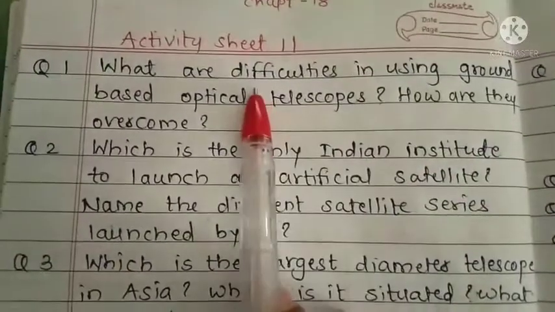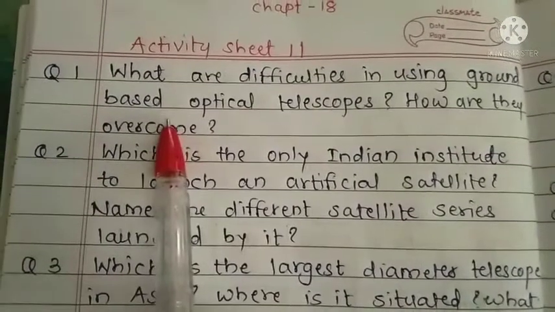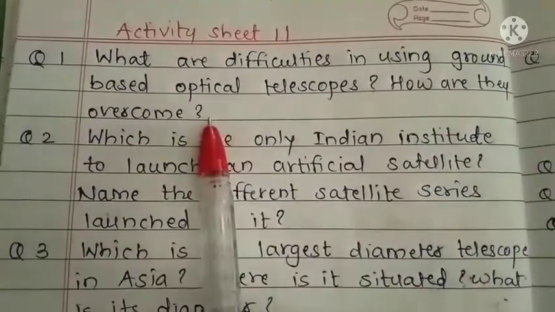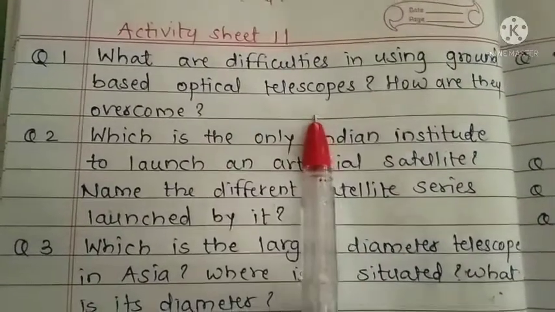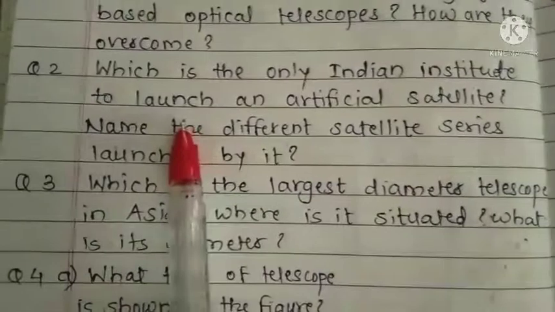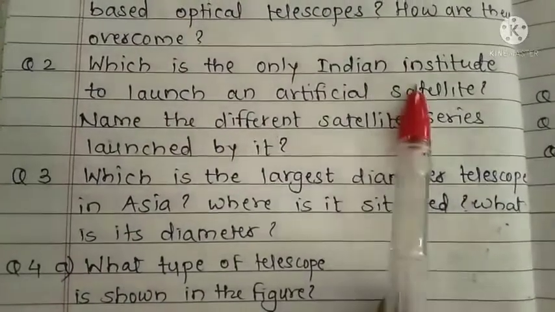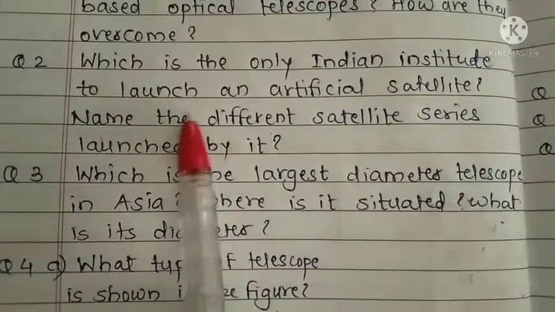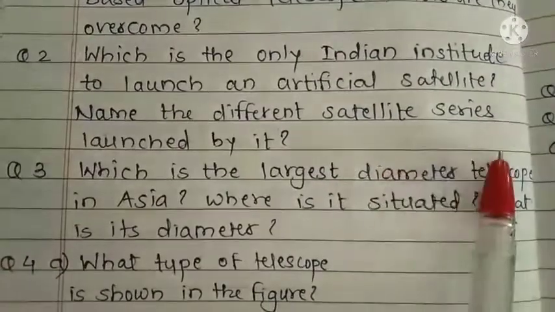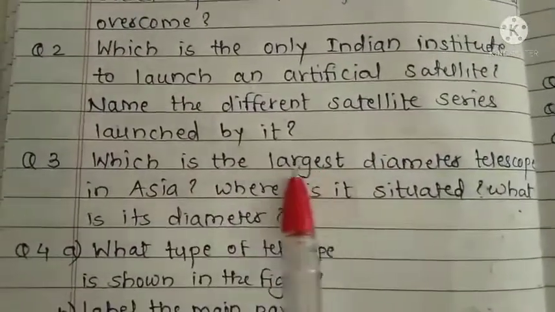Now see here, activity sheet number 11. Question 1: what are the difficulties in using ground based optical telescopes? How are they overcome? Question 2: which is the only Indian institute to launch an artificial satellite? Name the different satellite series launched by it.